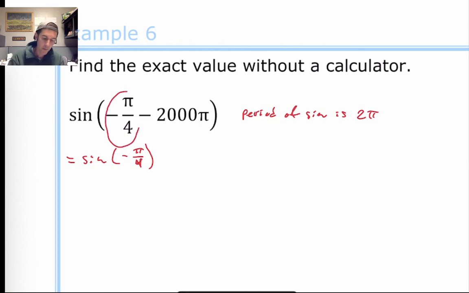if we start at negative pi over 4 and then we rotate negative 2,000 pi radians, well, we're rotating in the negative direction because it says negative 2000 pi. And what's 2000 pi?